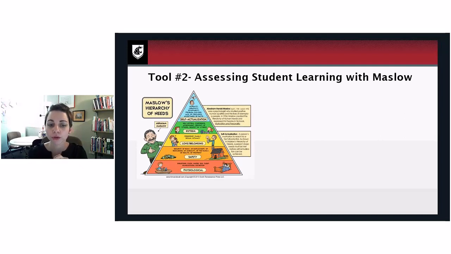So if those things are at risk, it's going to be more difficult for the student to focus on studying. Really, that sense of safety and physiological needs being met are baseline needs in order to be able to focus on learning.